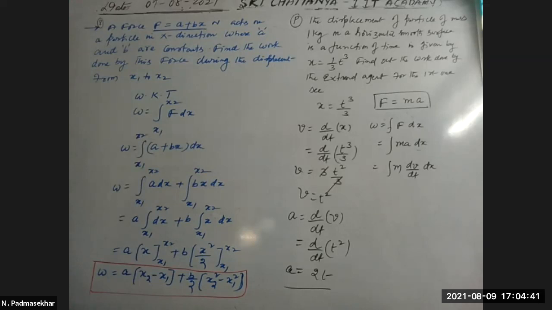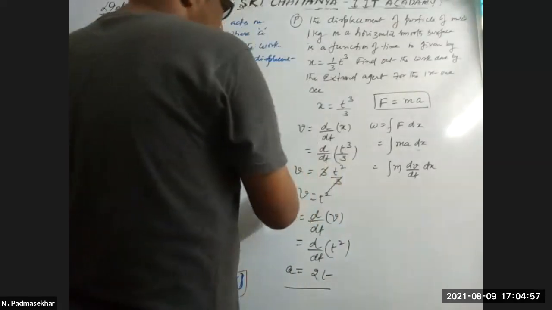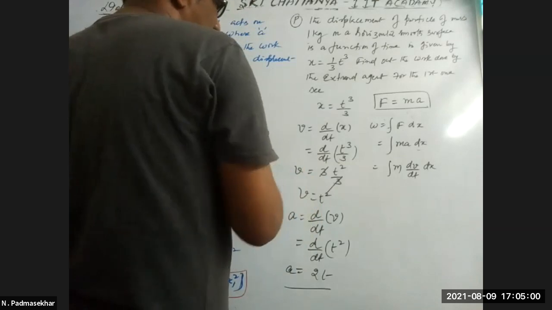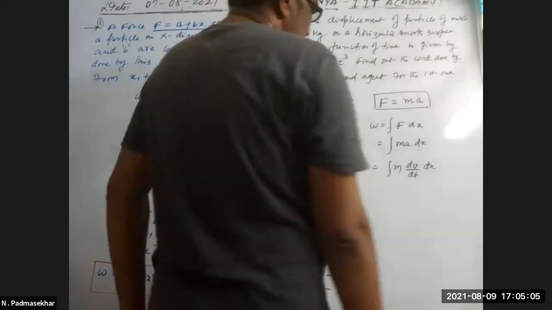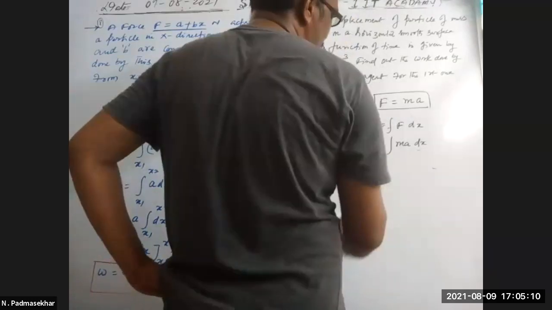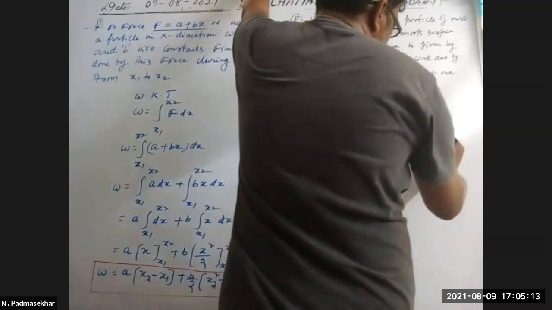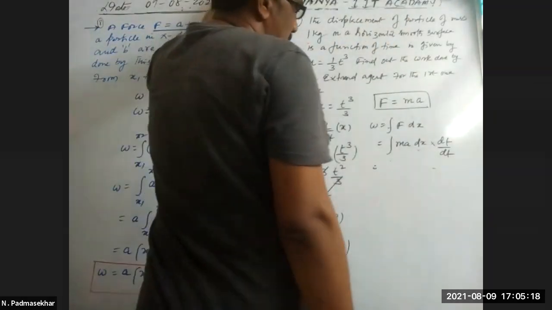What else can we write? We have time in the expression, so we have to convert it in terms of time. So m a dx is multiplied with dt and divided with dt.